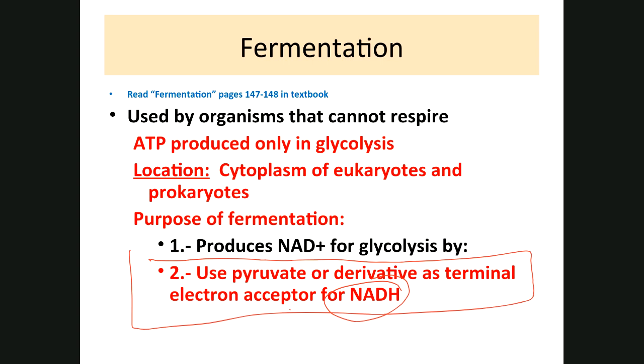I'll show you what that means in just a second. Do know the location, and the location is exactly the same as that of glycolysis: the cytoplasm of eukaryotes and prokaryotes. Again, this is an old, ancient pathway. You can argue it existed before organelles came about. So it's all in the cytoplasm.